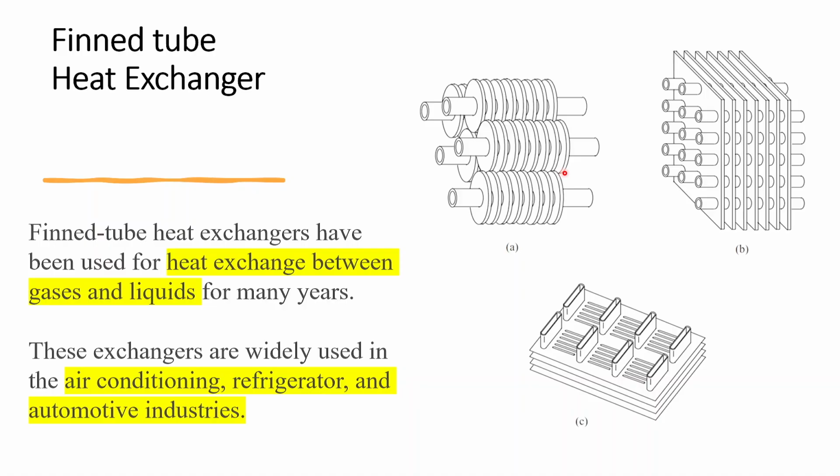The reason we flow gas on the outside, so his answer is correct, is because gases typically give you lower values of heat transfer coefficient. Okay, so whichever side is weaker, you want to help, obviously, and you add fins on the outside of the tubes because the gas will flow outside of the tubes.